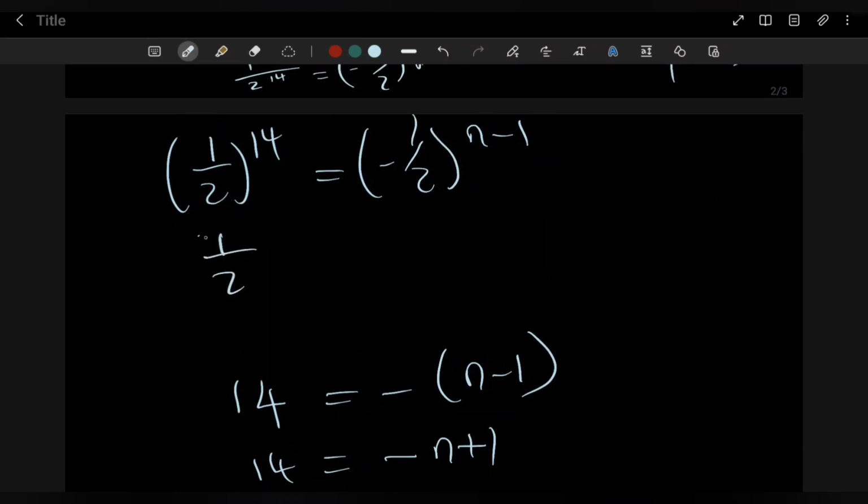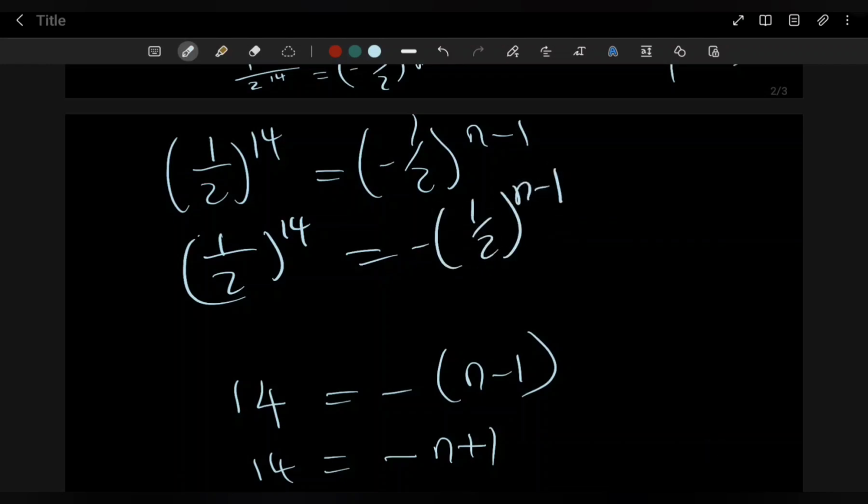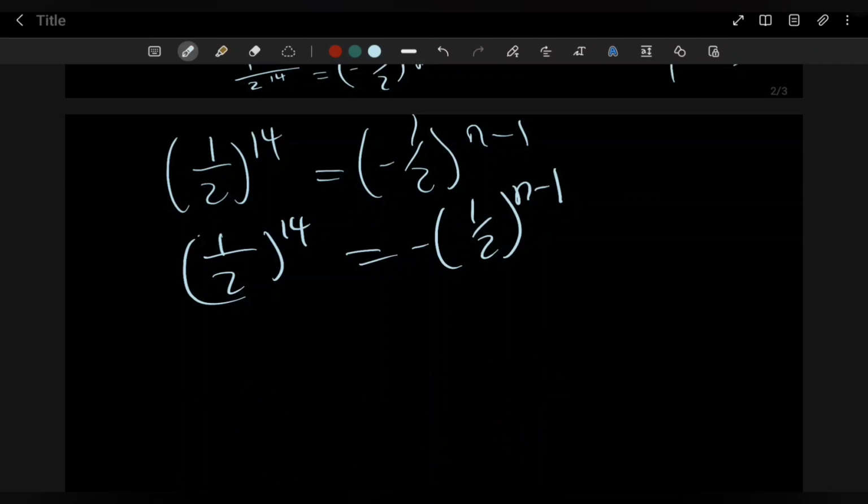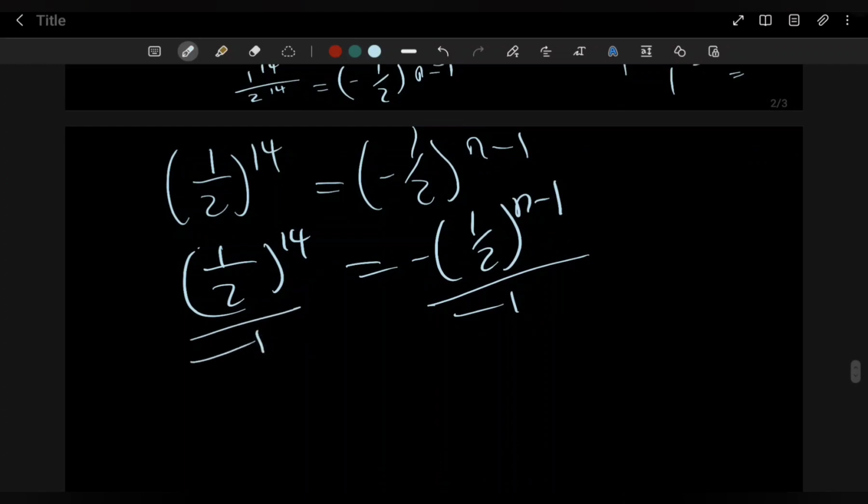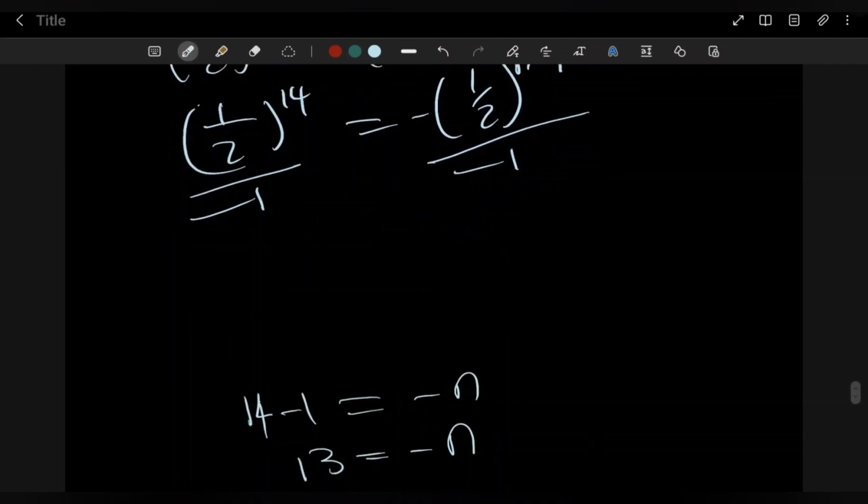So you can see 1 over 2 to the power 14 minus 1 over 2 and minus 1. We can actually divide both sides by negative 1 just to get rid of this negative on the other side.